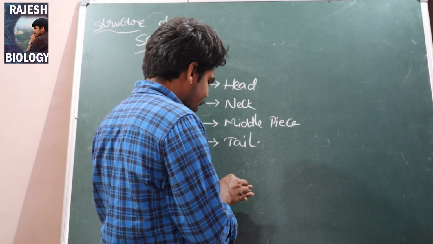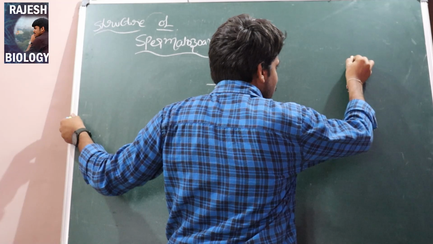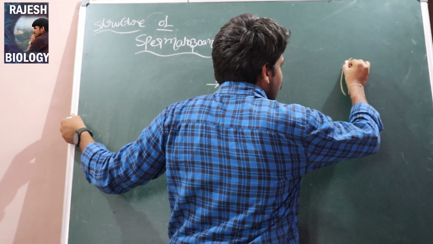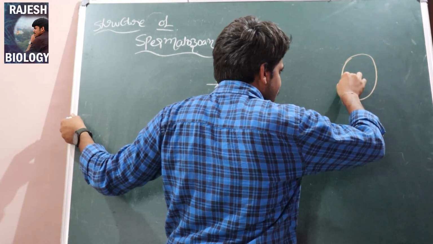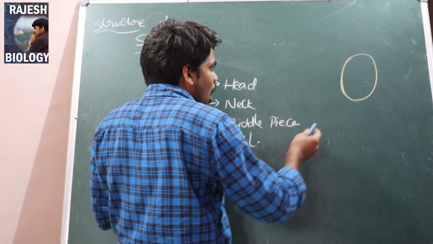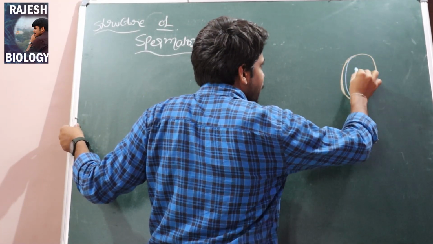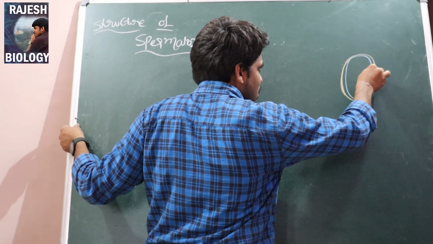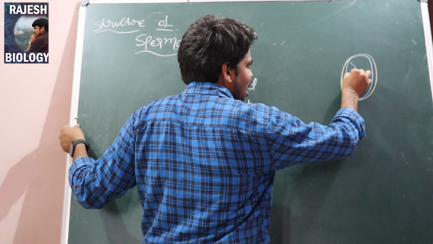So first, head. The sperm cell has a head region. In this head, the nucleus is present. The nucleus is elongated like this, and this elongated nucleus has the genetic information.